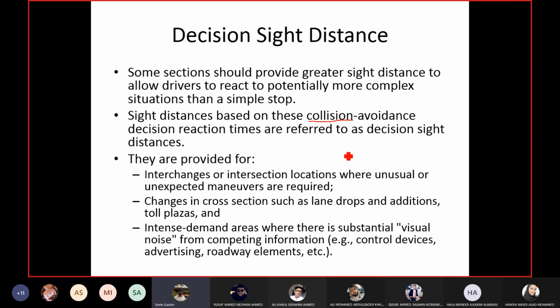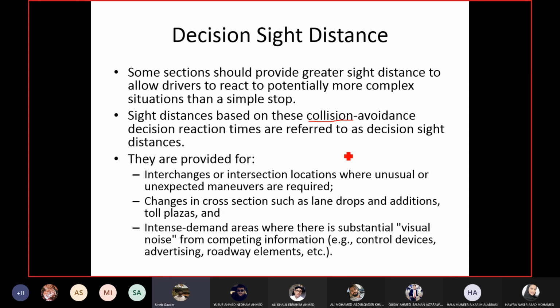The distance provided in those situations is known as decision sight distance. It is provided in situations which are more complicated and unexpected for the drivers, and which may include crash avoidance or avoidance of accidents.